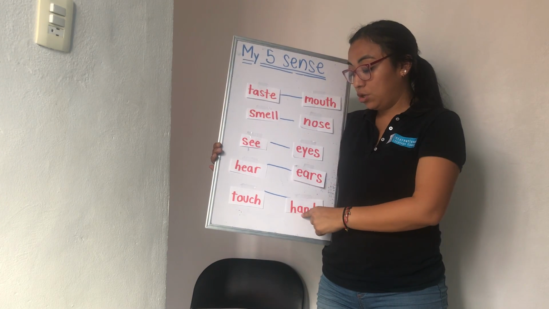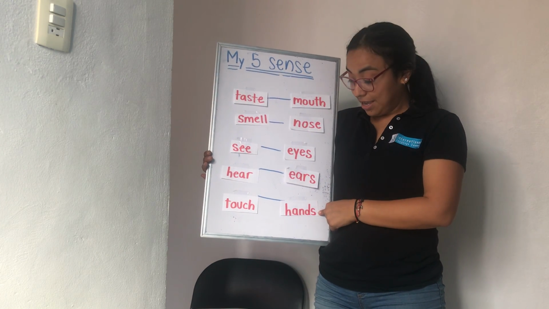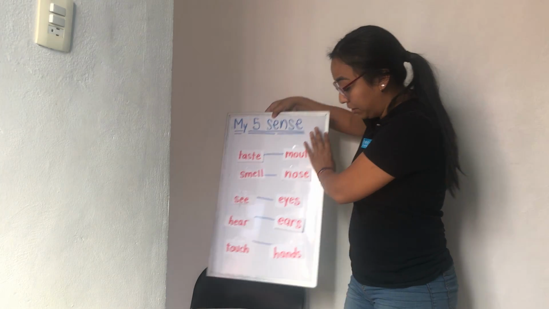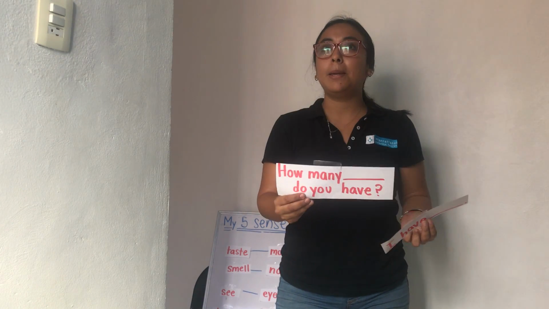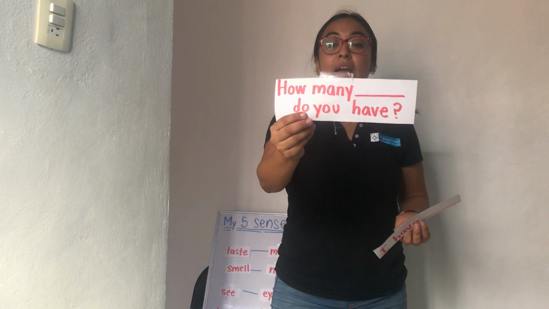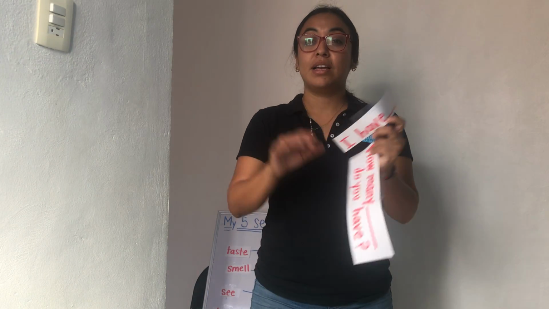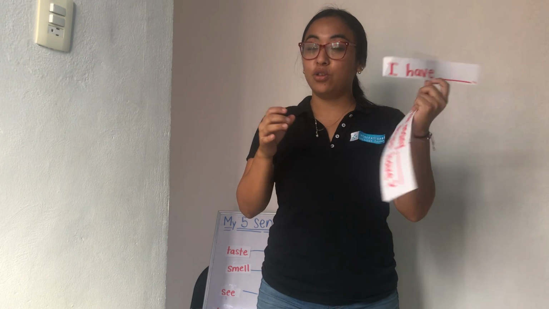And I touch with my hands. Okay, very good. Okay. Last question, última pregunta. So, how many hands do you have? How many hands do you have? I have 2 hands. Yo tengo 2 manos, ¿verdad?